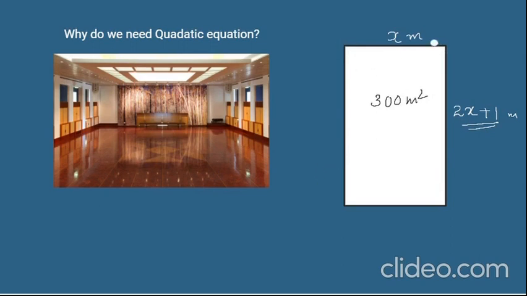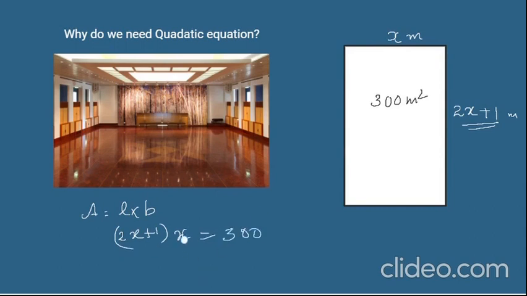How will you find the area of a rectangle? This is in the form of a rectangle. You know that area is equal to length into breadth. So instead of length we can write 2x plus 1, and breadth is equal to x. Length into breadth is equal to area, and it is given as 300 meter square.